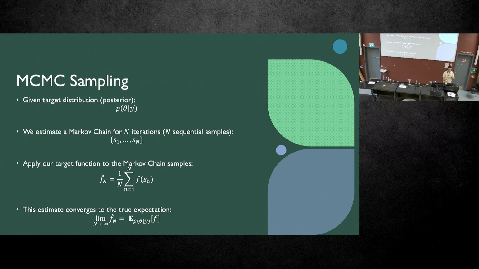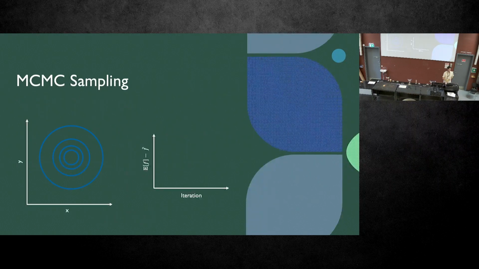To show that in a different concrete way, let's say, for example, you had a simple bivariate normal, x and y, shown as a contour plot. While you can see the distribution here, in reality, you don't have the distribution. You don't know what it looks like.